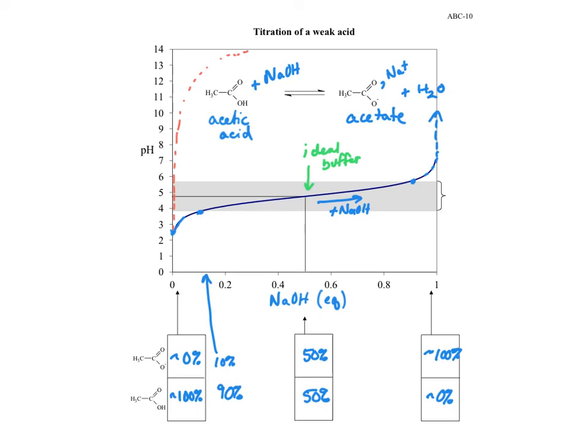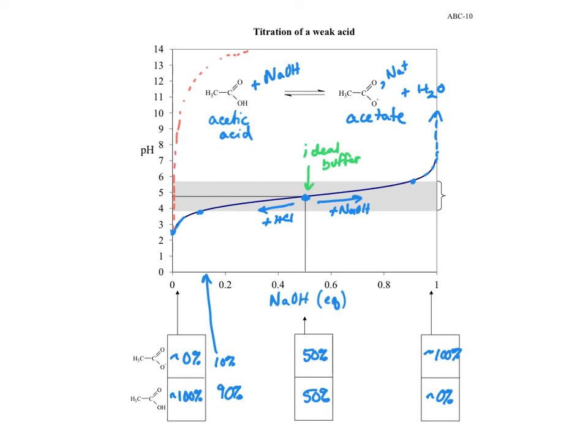Let's return to the very center here where we have an ideal buffer, an exactly equal mixture of weak acid and its conjugate base. Like I said, you can add sodium hydroxide for a while and you will be able to keep the constant pH. However, if we were to turn around and start adding strong acid like hydrochloric acid, we would go backwards.